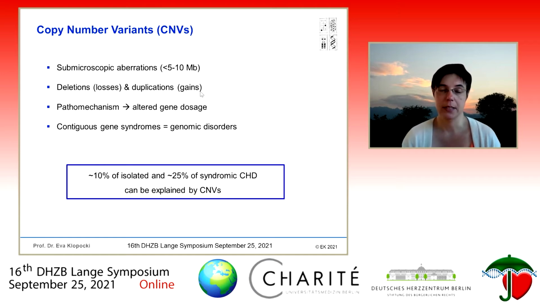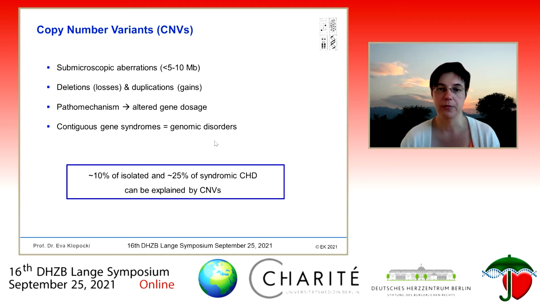The pathomechanism behind copy number variants is usually the alteration of gene dosage, especially dosage sensitive genes. And we have another term for syndromes associated with copy number variants. We call those contiguous gene syndromes because the phenotype is usually made up by a combination of several genes that are located within the copy number variant.